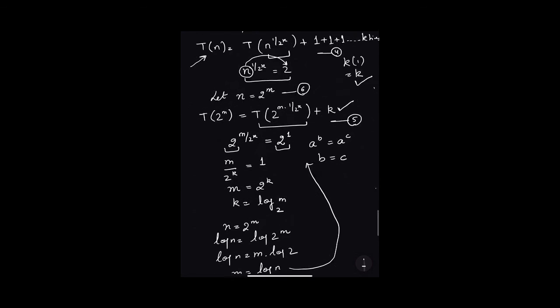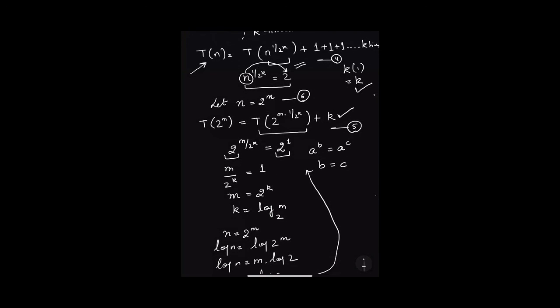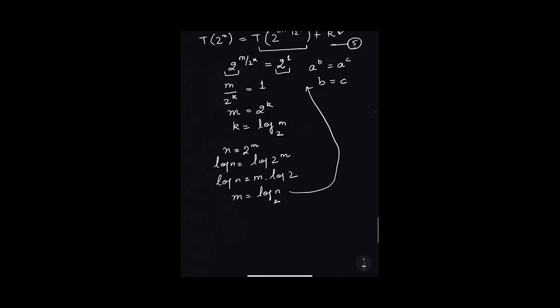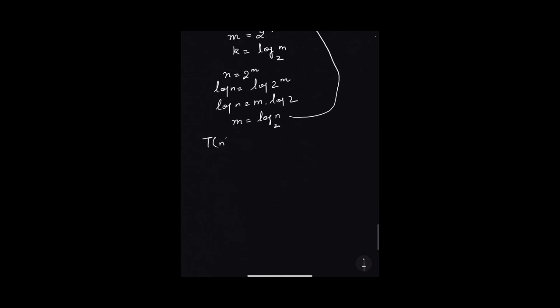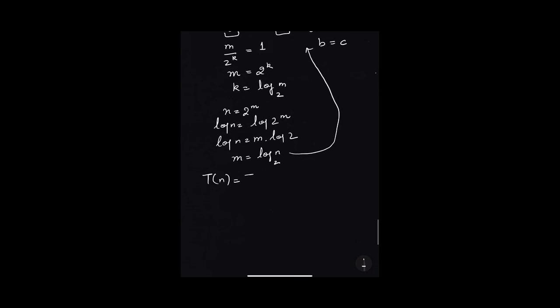Substituting this to my original equation, this was my original equation, I can say that T(n) was equal to T(n raised to the power of 1 by 2 to the k) plus k. This I have substituted to 2, so this becomes T(2) plus some k. So I can say that T(n) is equal to k.